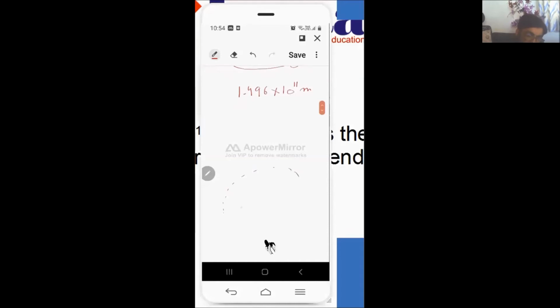If I consider this circle, and if I take this arc, even though I'm drawing it magnified, if this arc length is 1.496 into 10 to the power 11 meter, which is equal to the average distance of the sun from the earth, and if this angle theta is equal to 1 arc second, then this radius r is defined as 1 parsec.